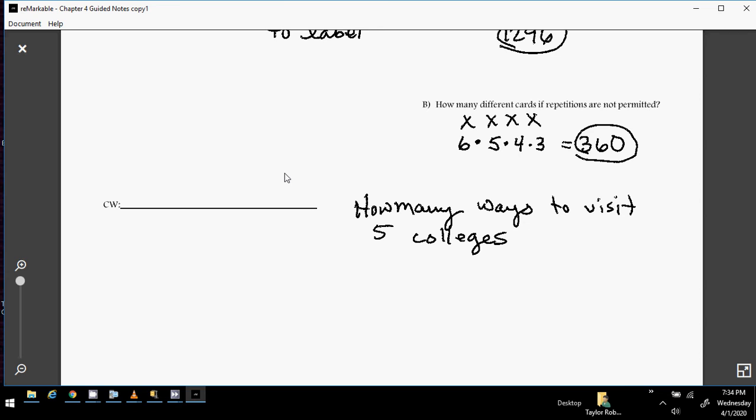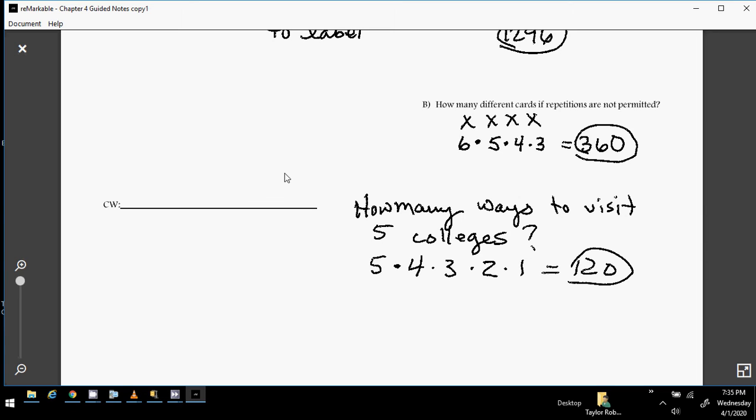Well, once you visit a college, you're not going to visit it again, not on a visiting colleges trip. So at first I would have 5 to choose from, and then I would have 4 once I visited 1, and then 3, and then 2, and then 1. Okay, so there would be 120 possible ways I could do that, depending on which order you did it in.